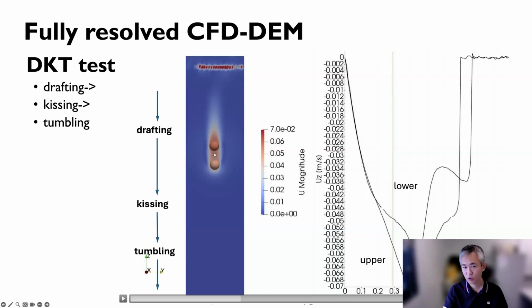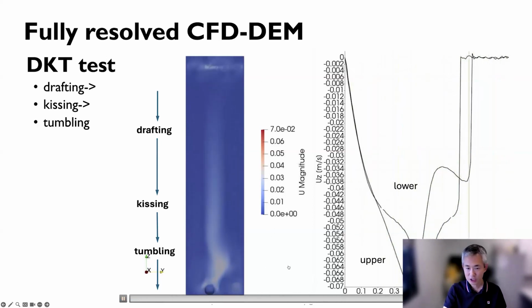This lower pressure zone provides less resistance for the top particle, so the top particle will accelerate more than the bottom particle, and then they will kiss, as you can see. When the top particle catches up with the bottom one, they kiss each other. Once they impact, this generates a disturbance in the fluid field, and then this will generate a tumbling. So this is a typical DKT test here.